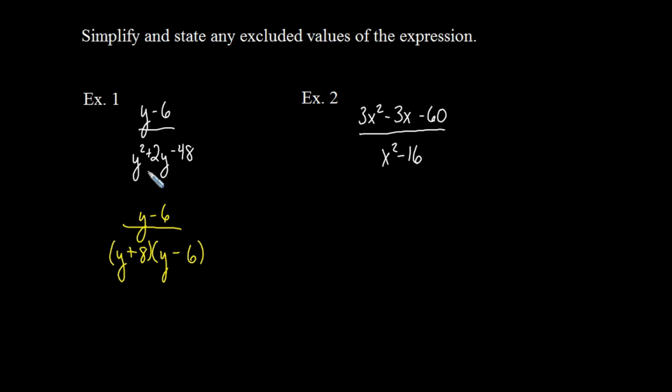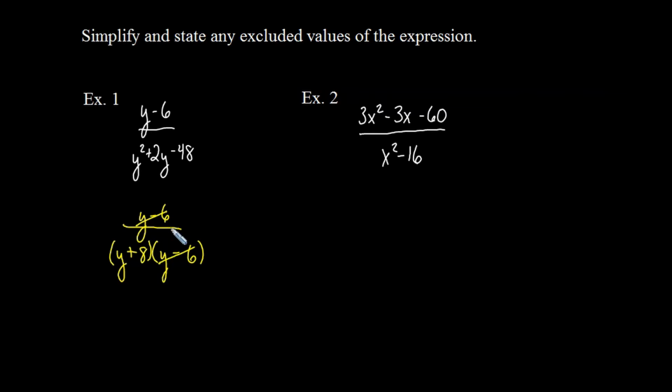If you're curious about how to factor that trinomial, there'll be a link right up here to the right that you can click on. It'll take you to a video to discover how to factor that trinomial. Once we have this completely factored, we can now identify common factors in the numerator and denominator. So we have a y minus 6 and a y minus 6, and we will cancel those in a one-to-one fashion.